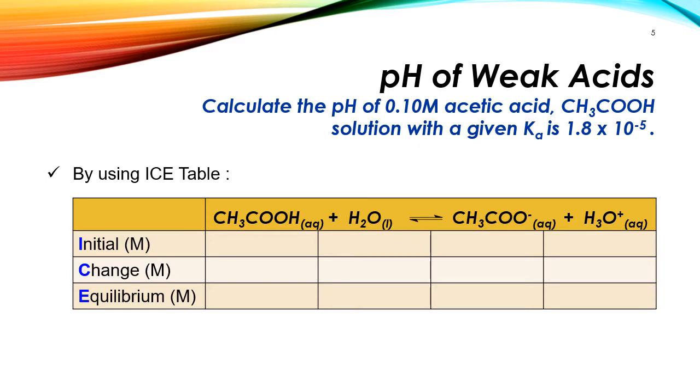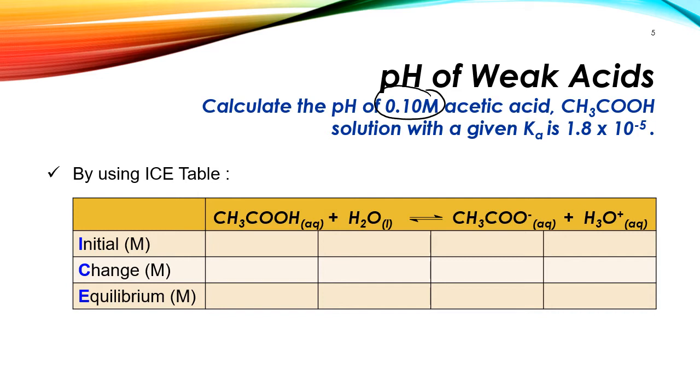This is the question. Calculate the pH of 0.10 molar acetic acid solution with given Ka 1.8 × 10^-5. By using an ICE table, insert the initial values given in the question, that is, the initial concentration of the acetic acid solution.